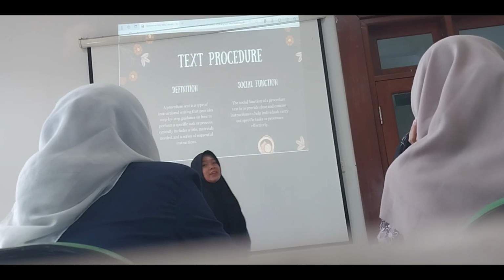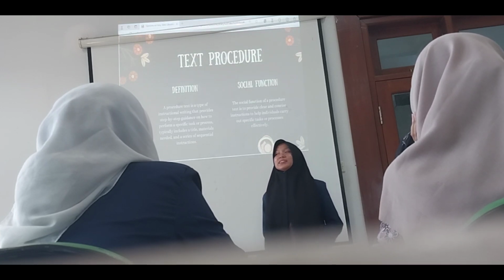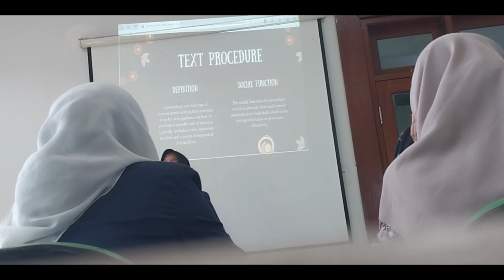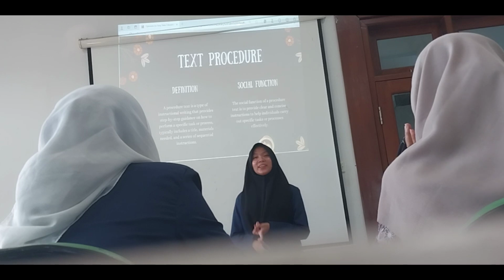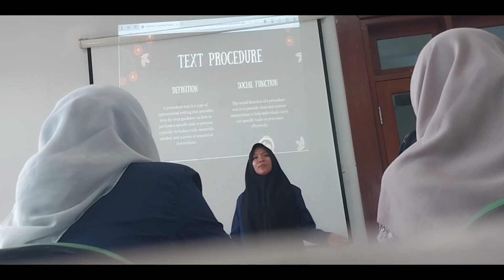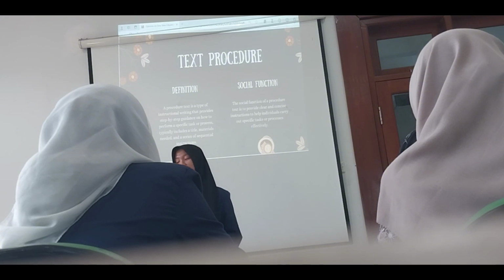So basically, procedure text is a text that tells you how to do something step by step. It is usually handy for cooking, building things, using gadgets, or more because a complex task becomes easy to understand and follow.